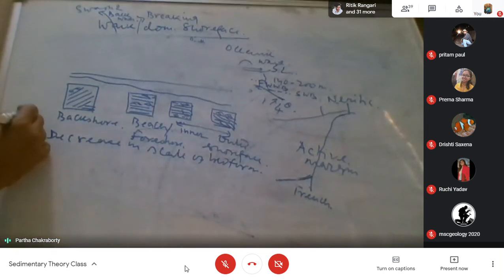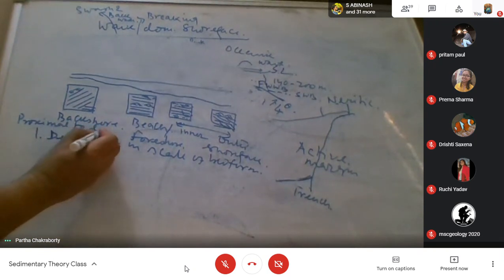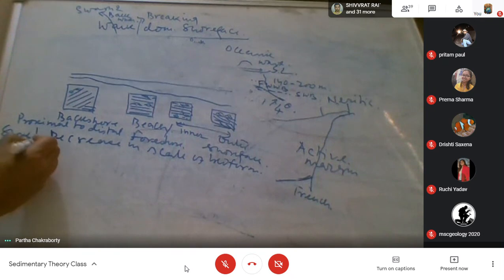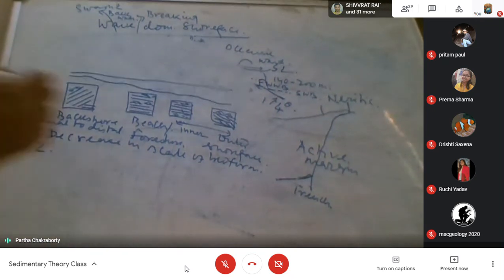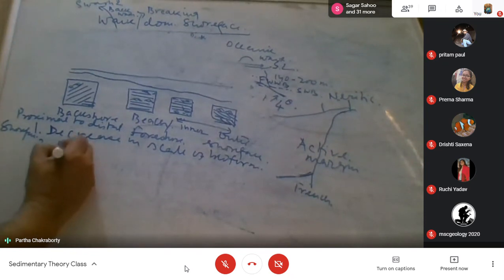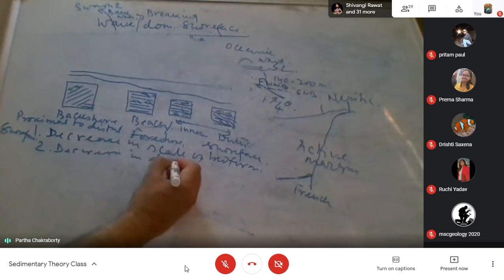Proximal to distal I am taking, shore face. Number two, decrease in degree of amalgamation.